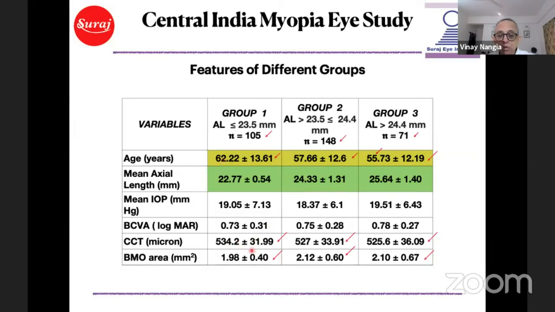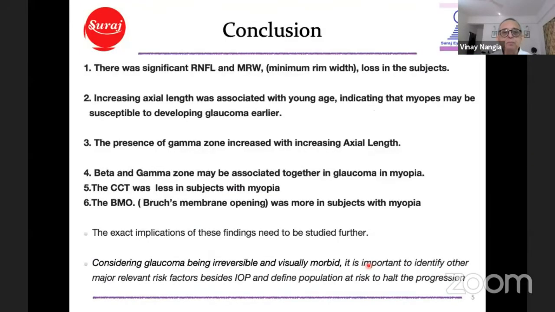It was also important to see that the central corneal thickness was a little bit thinner in these eyes with higher axial length, and the Bruch's membrane opening was a little bit larger in these eyes. And we know that at least some patients, if not all, do tend to have a larger optic disc area. So there was a significant RNFL and minimum rim width loss in the subjects.